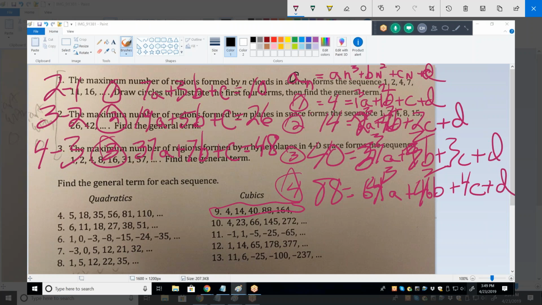I think what he wanted us to do was to just have the basic format of all the different equations for each of the terms. Then you find the differences of each equation, because it's going to be the same for each cubic problem. Basically, what we did, we plugged in N1, N2, N3, N4, and we got those 4 equations.